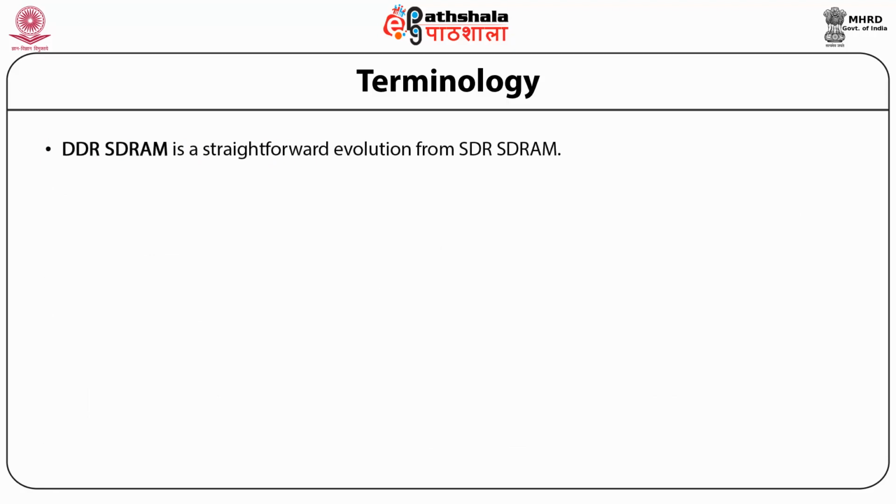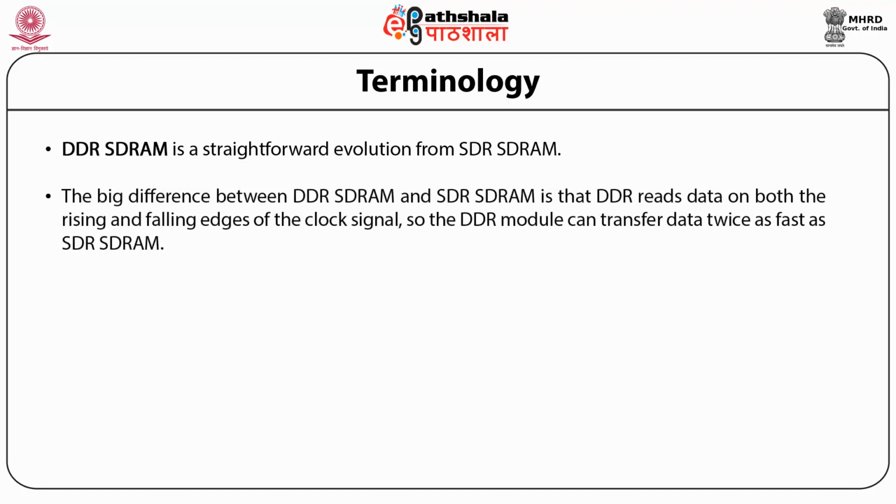DDR SDRAM is a straightforward evolution from SDR SDRAM. The big difference between DDR SDRAM and SDR SDRAM is that DDR reads data on both the rising and falling edges of the clock signal, so that a DDR module can transfer data twice as fast as SDR SDRAM.